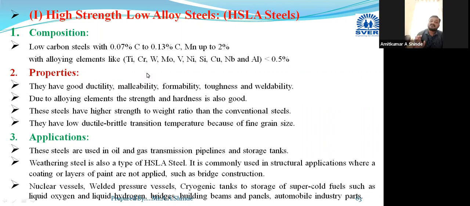Now, if you are able to remember the composition easily, then almost all the 15-20 types of steels have only this description. We are going to study these aspects only. First, we will study composition, properties, and applications.